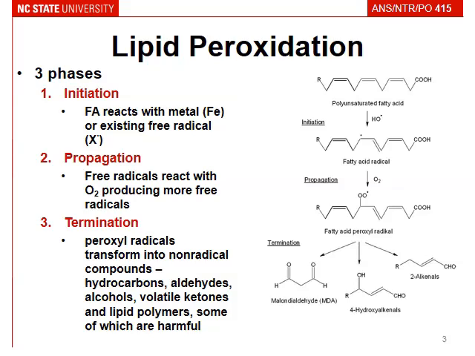And then we have our second step, which is propagation, where our free radicals react with oxygen, producing more free radicals. So we're propagating the amount of free radicals or reactive oxygen species. And then our third and final step is termination, where our peroxyl radicals transform into non-radical compounds.